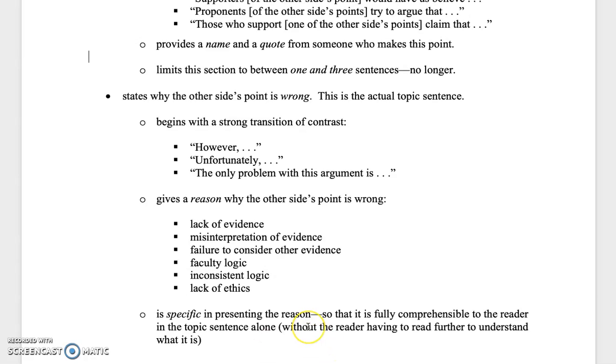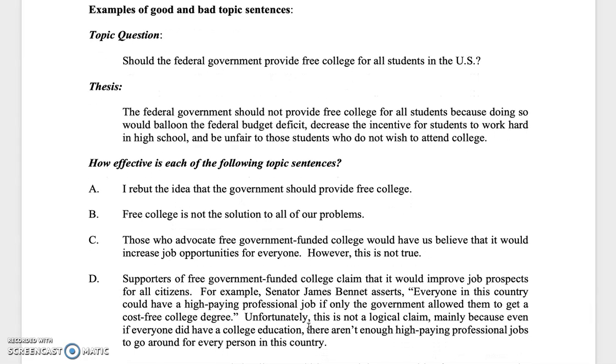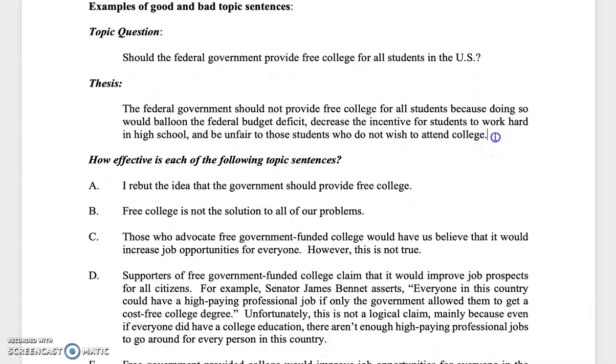All right, let's take a look at some good and bad examples. I'm using the same topic and thesis as I used in the previous video on argument paragraphs. Should the federal government provide free college? And the thesis was arguing no. In the argument section of their essay, they would have gone through all of these reasons, and now, having finished going through all of them, they're turning to rebut.